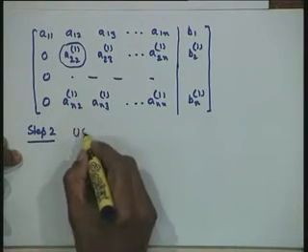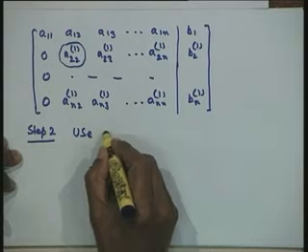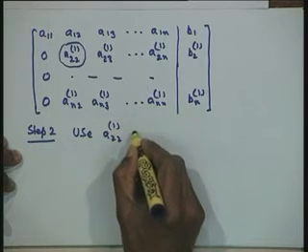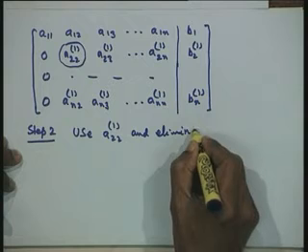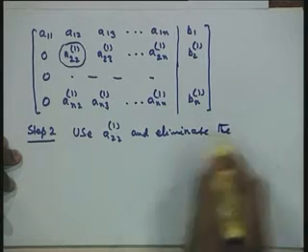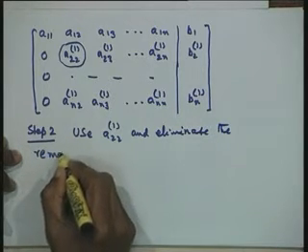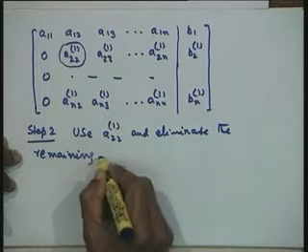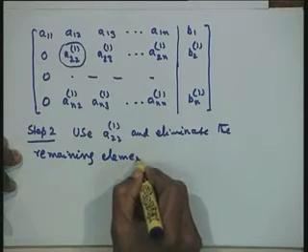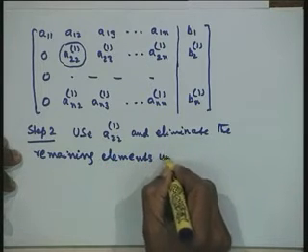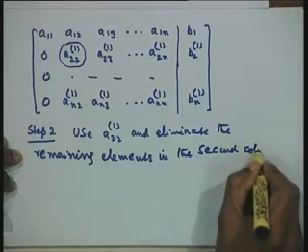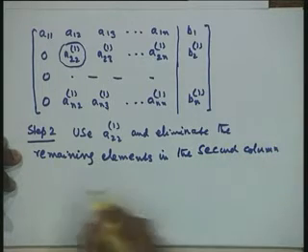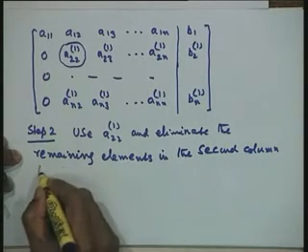Therefore step 2 will be: use A22 of 1 and eliminate the remaining elements in the second column to 0.